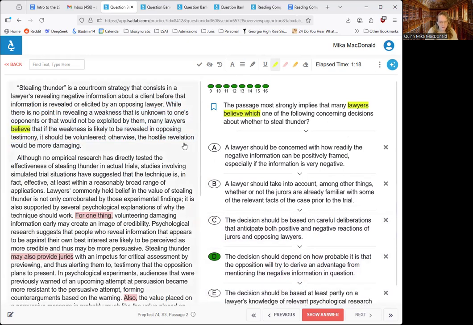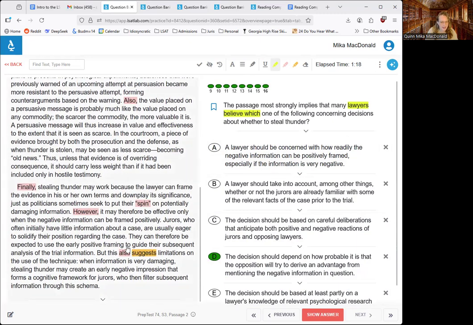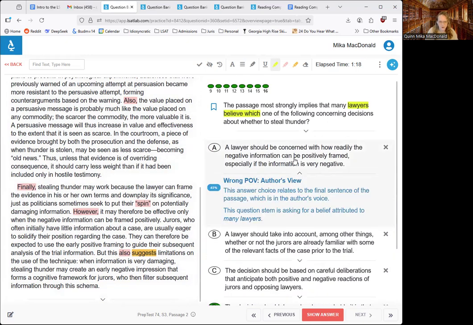I think a lot of people go with A, but the problem is that A was the author's opinion. There's no indication down here that this is what lawyers believe, right? It just says this also suggests a limitation. So really, really easy to choose A here, right?